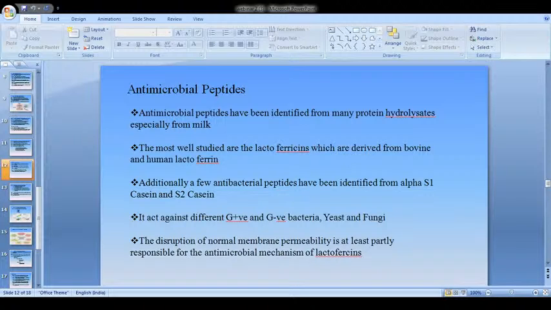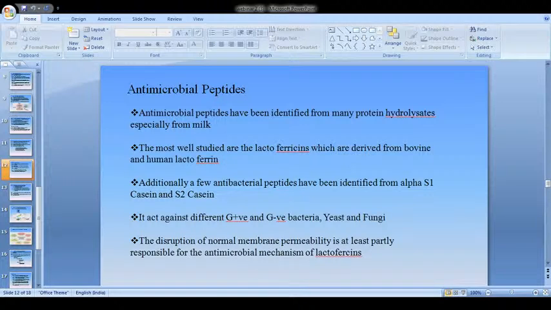The mode of action of antimicrobial peptides is not very clear, but they mainly act by targeting either the cell membrane, the cell wall, or intracytoplasmic molecules. Additionally, they also act by neutralizing lipopolysaccharides and preventing the immune-mediated response for further development. So these antimicrobial peptides act by multiple modalities.